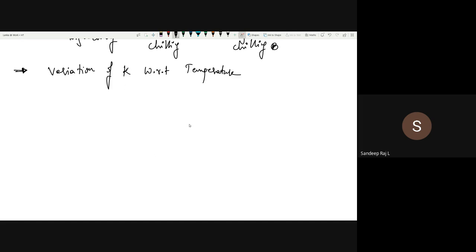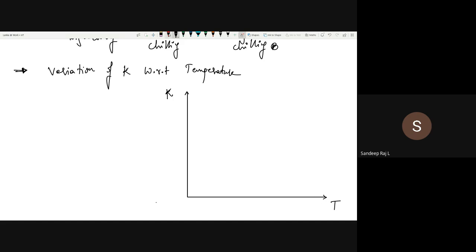So in order to tell you this, I will draw an XY axis here. This is my X and Y axis. On my X axis, I will have temperature and I will have thermal conductivity on the Y axis. This is how it is.